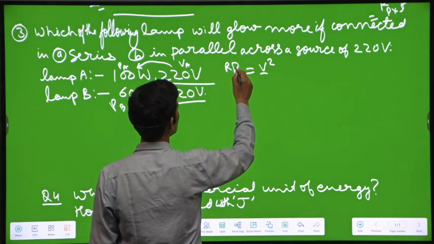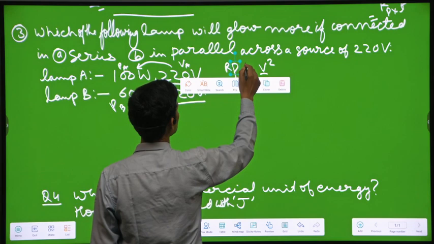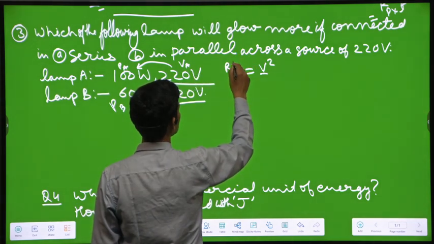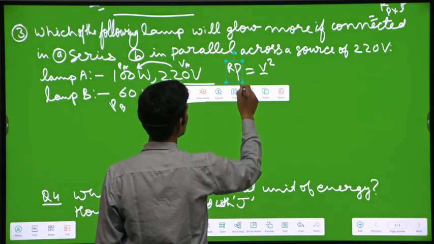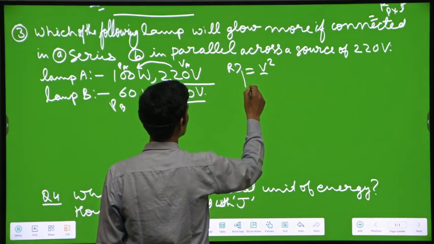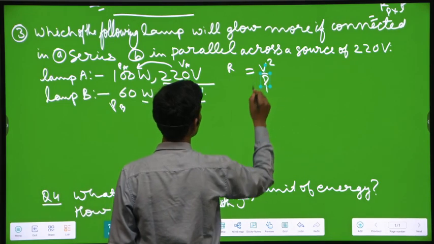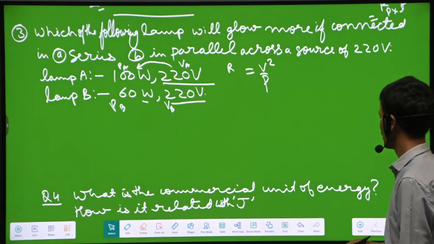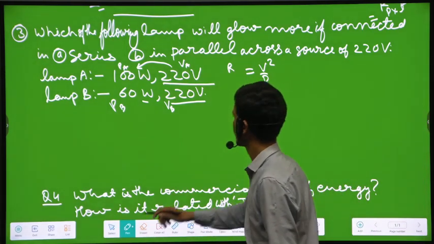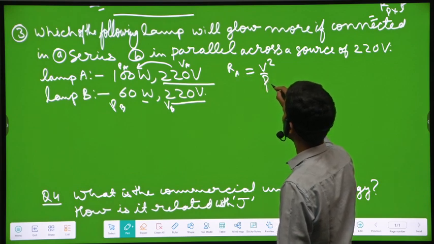So we will get R equal to V square by P. So RA is equal to VA square by PA.